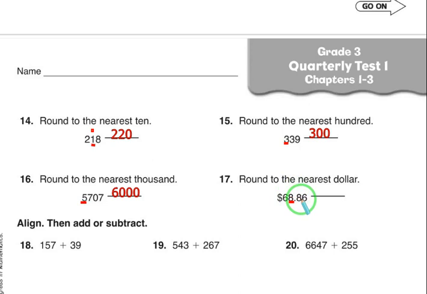So the first step is to underline the digit. The second step is to look to the right. What do we have in the right? We have number 8. Is it strong enough? Yes, it is. So this one, $68, is about 69. And don't forget the dollar sign.